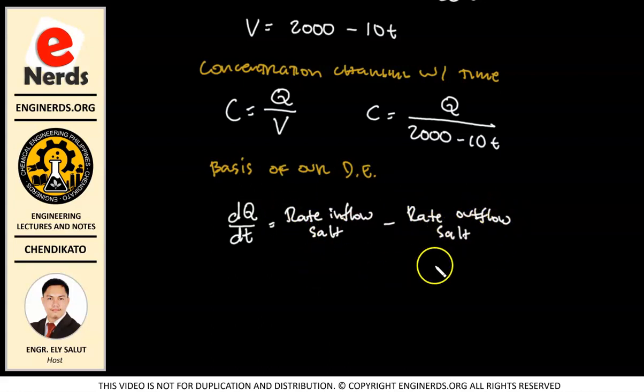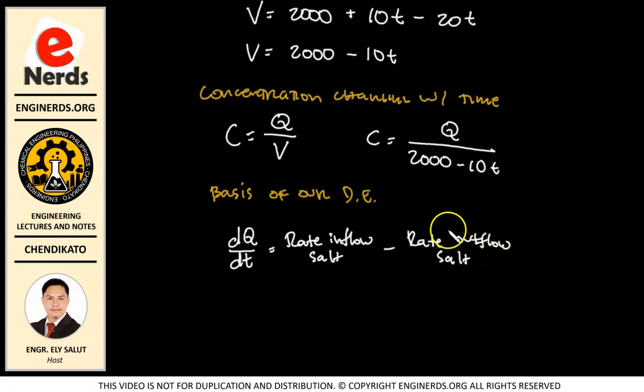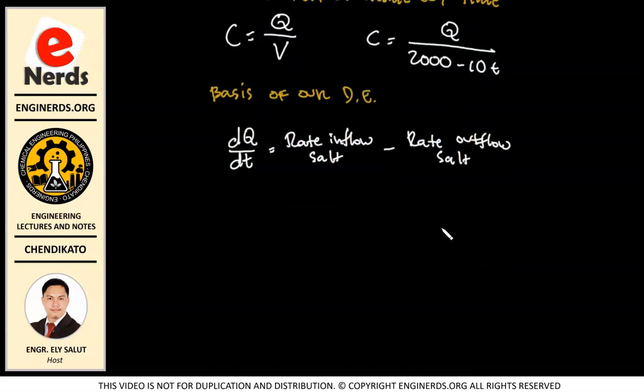Okay, so yan yung changes na sa salt natin na nangyayari sa ating tank. Okay, so we could get this as dq over dt is equal to ano yung rate of inflow ng ating salt. So this will be concentration multiplied to the volume, no?